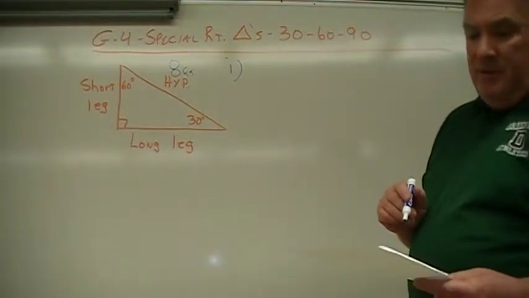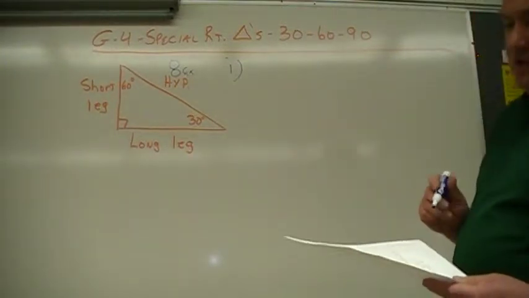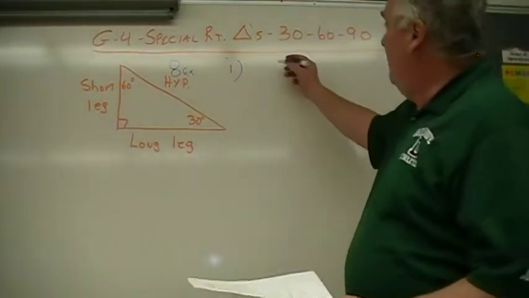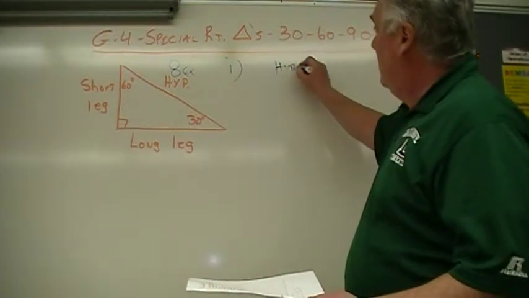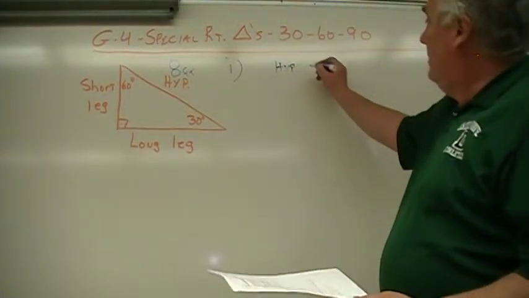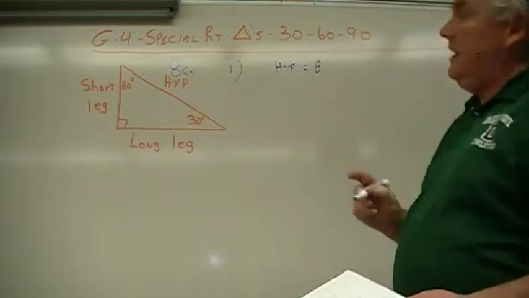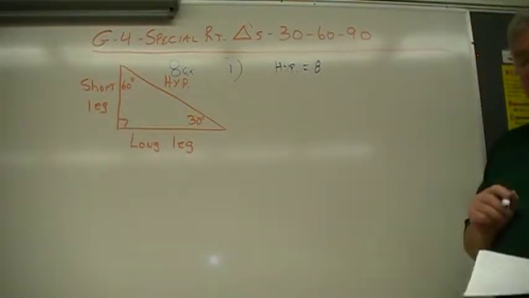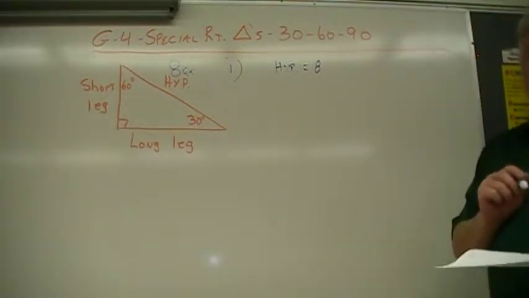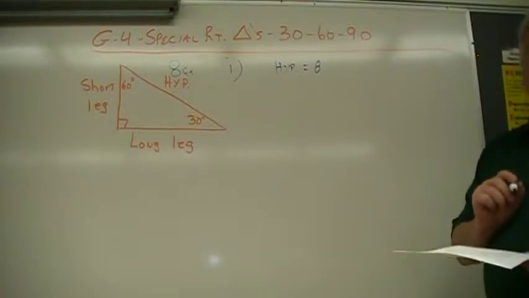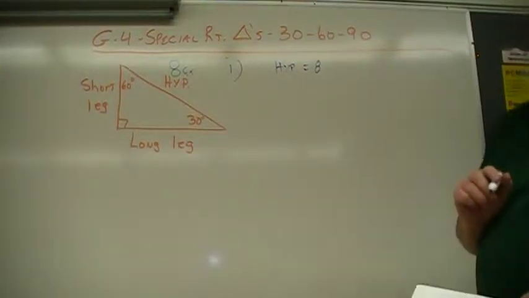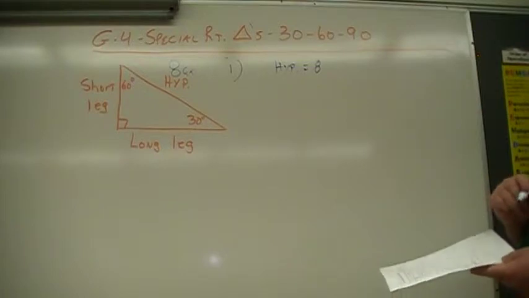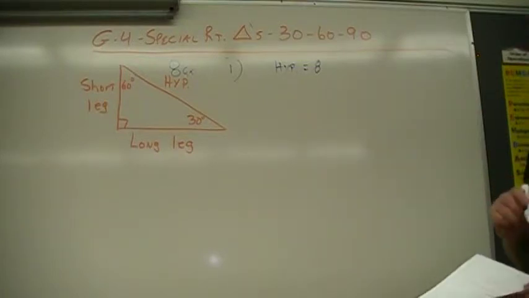What does rule number 1 say? The hypotenuse is twice the length. So for number 1, we're going to write hypotenuse is 8. And if I wasn't clear, because I didn't go over this part of the directions, it says find all side lengths. That's what we're going to be doing on all the triangles, finding all the side lengths.